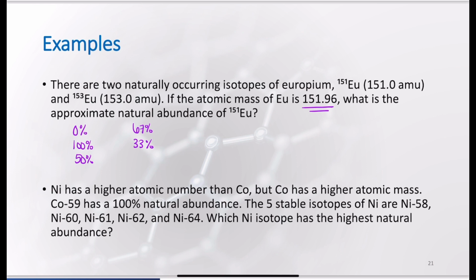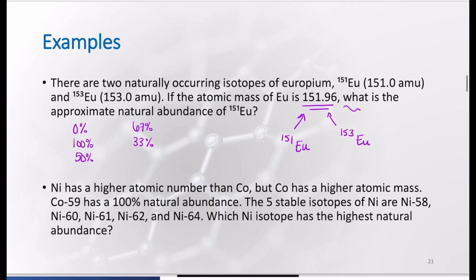If I figured out the weighted average like we did for magnesium, it would come to 151.96 AMU. I know the only 2 things contributing to this are europium-151 and europium-153. 151.96 is very close to the middle, approximately 152 AMU.